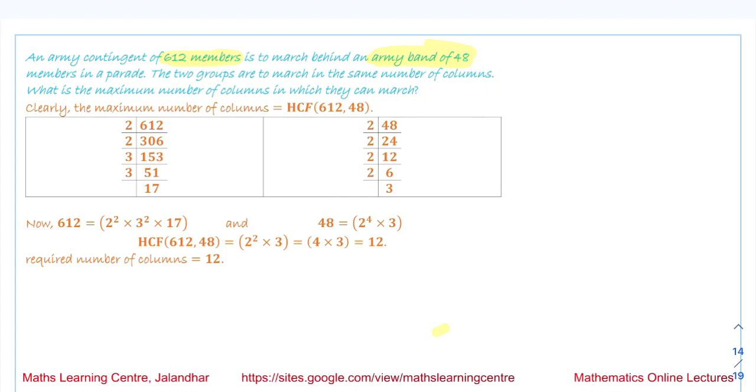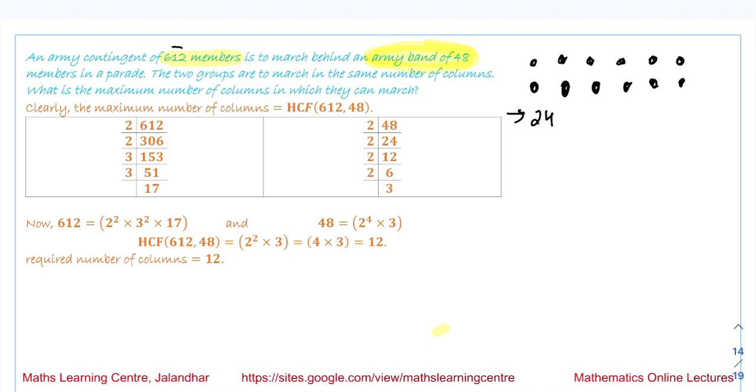So what we mean to say from this question is, suppose 48 persons of the army band are there, what can they do? Suppose we are representing them with these circles. They have made, say, 24 columns and 2 rows.